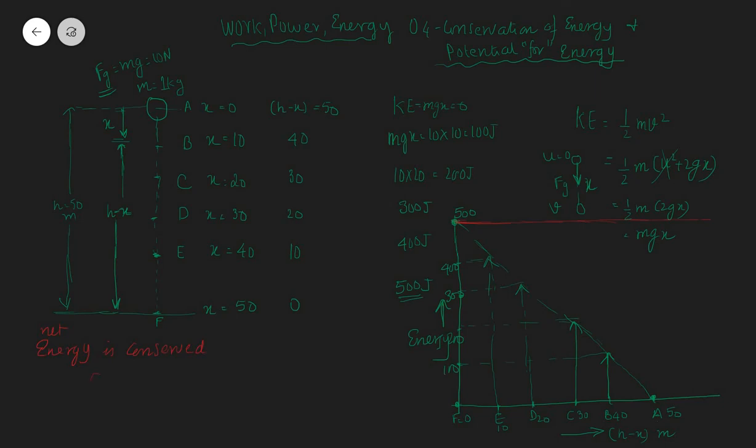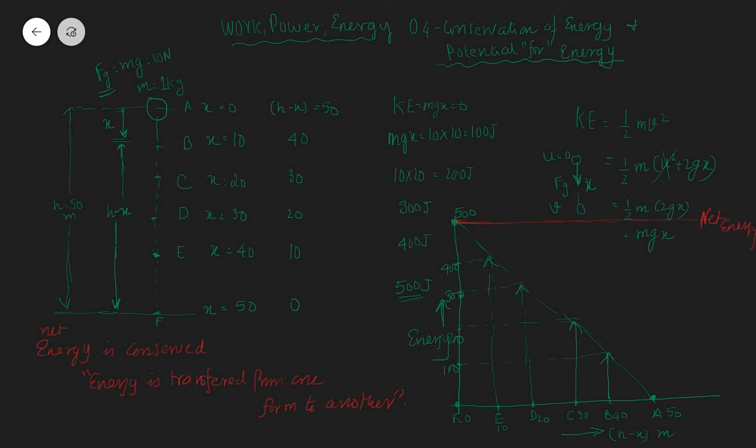That is, energy is transferred from one form to another. Your net energy is conserved. So if we want to apply the conservation of energy, let's assume that this is our net energy.